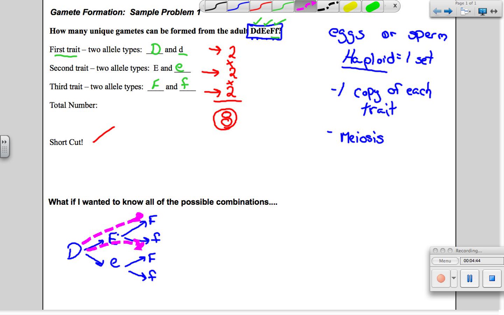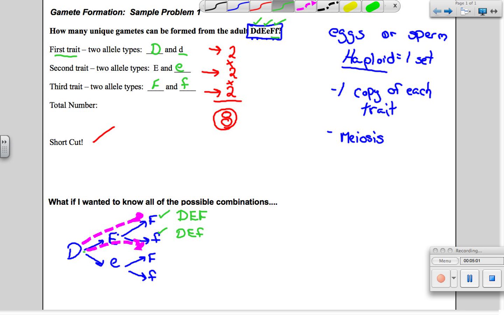Let's write out what these end results are. For the first option, I can have capital D, capital E, capital F. Next, I can have capital D, capital E, lowercase f.